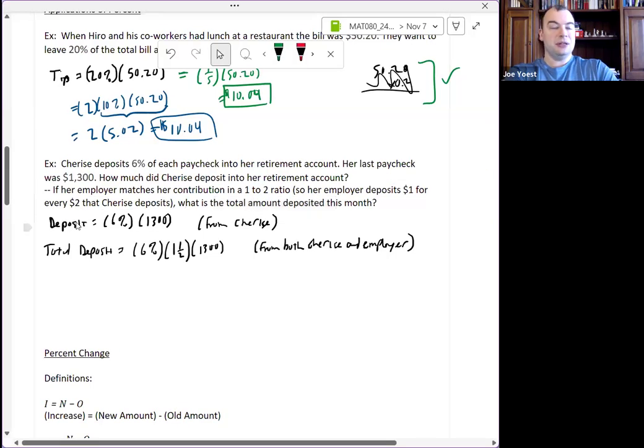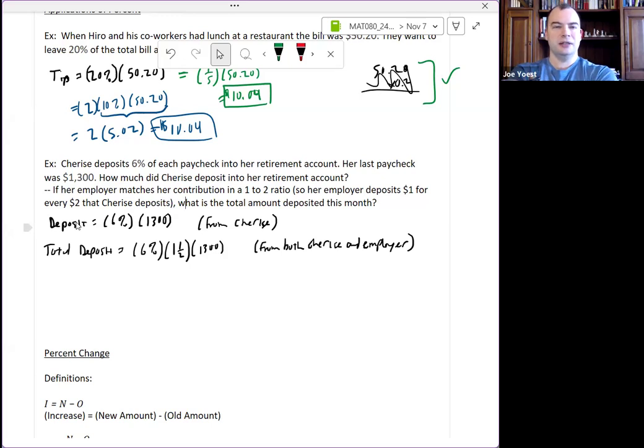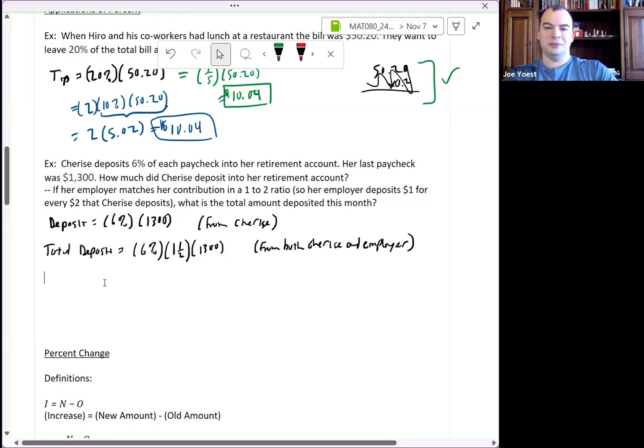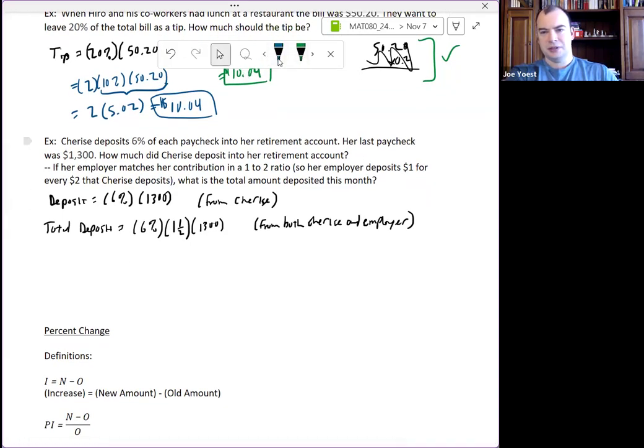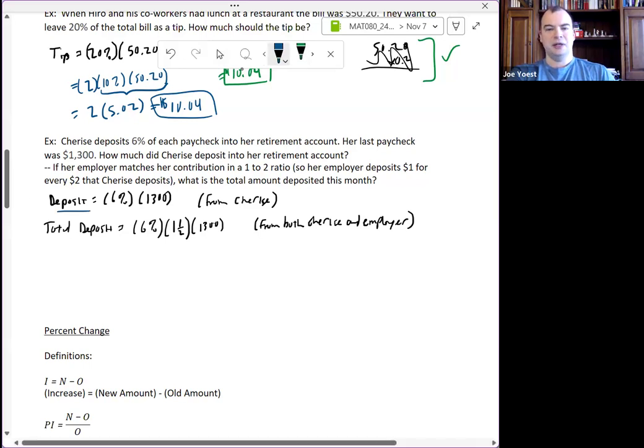So let's figure out, what did she deposit, what came out of her paycheck, and then what was the total amount between her and her employer that got deposited into her retirement account. So Charisse's deposit is 6% times 1,300.